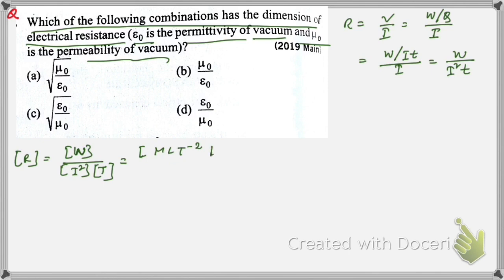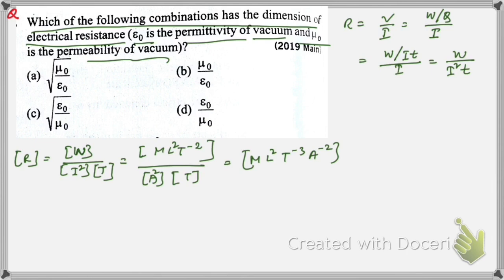Then into displacement, again there will be L, so we can write M L square T to the power minus 2, that's the work done. For current we write A, so A square, then T to the power 1. If you simplify this, you will get M L square T to the power minus 3 A to the power minus 2. That is the dimensional formula of resistance. So hope you have understood this.